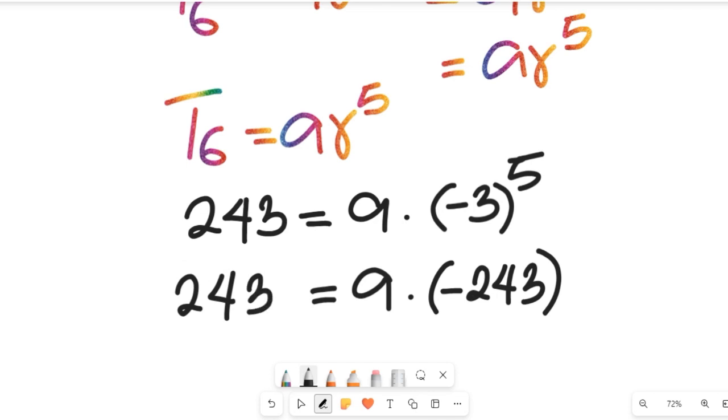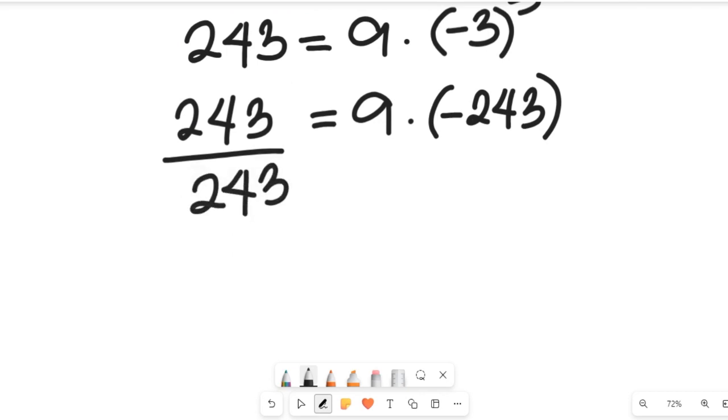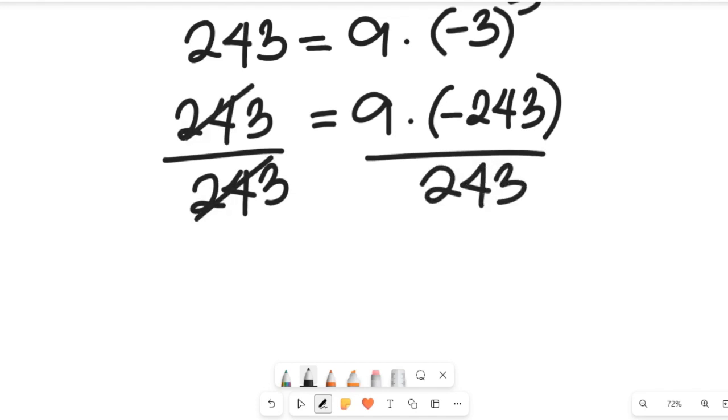243, right? And then we'll have 243. So what are we going to do to get the value of our A? We'll divide both sides by 243. 243 will clear 243 here to give us 1.